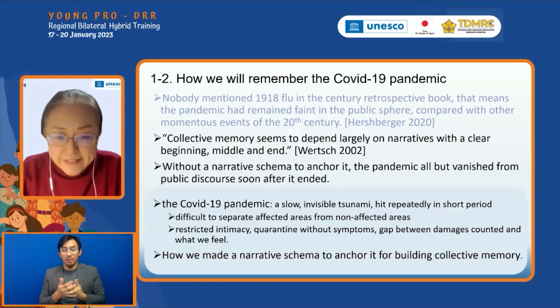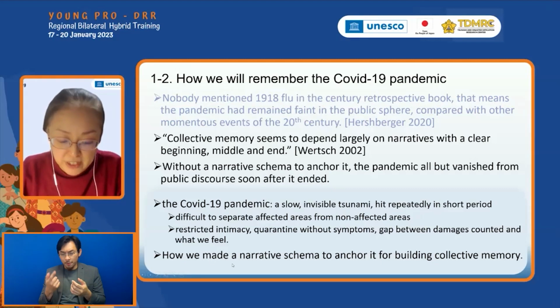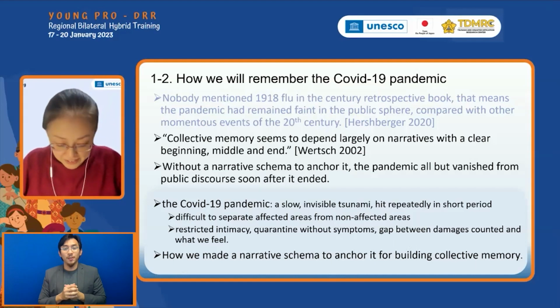How do we make a narrative schema to anchor it for building collective memory? Without a narrative schema to anchor it, the pandemic all but vanishes again from public discourse soon after it ends. Next slide, please.